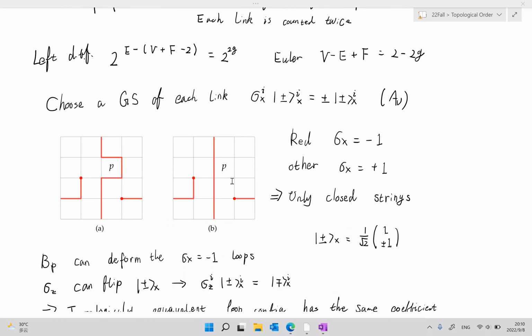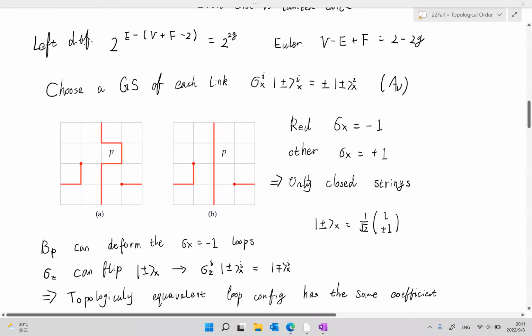Now we choose a basis of sigma x on a set I to be plus and minus. In this picture, it plots the links where sigma x has eigenvalue -1 as a red link, and otherwise it is +1.